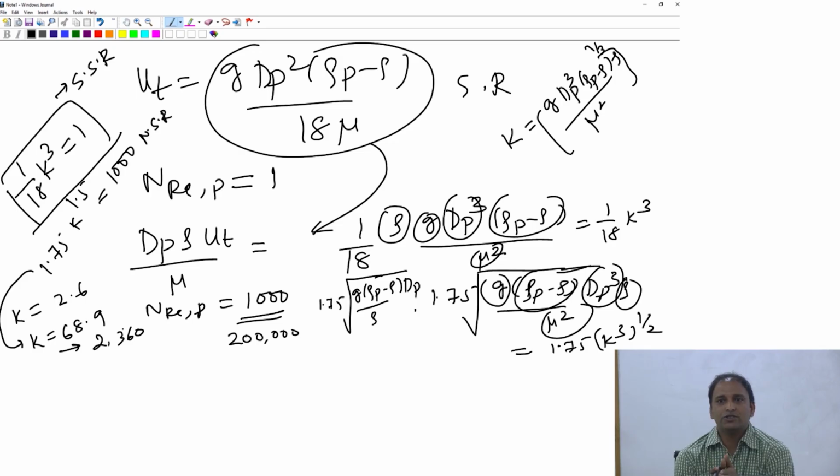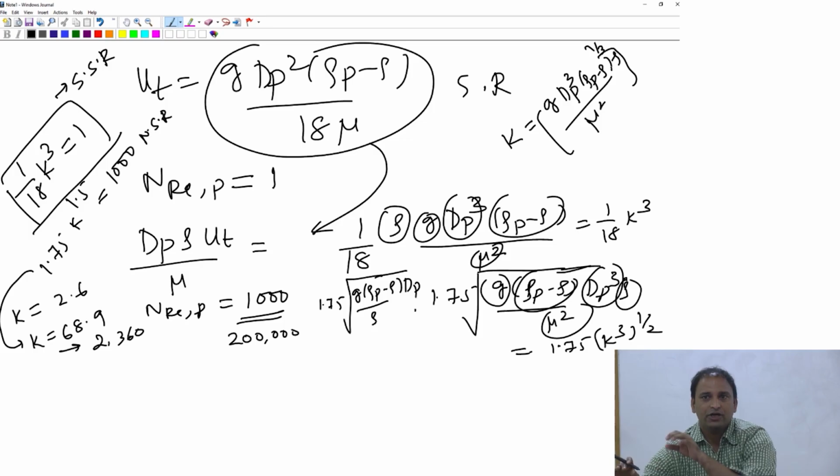Okay, the idea is this. You calculate the k, which is defined as g dp cube into rho p minus rho into rho divided by mu square, to the power of 1/3. If the value of k that you obtain is less than 2.6, then you use the settling velocity for the Stokes regime and calculate your terminal velocities.